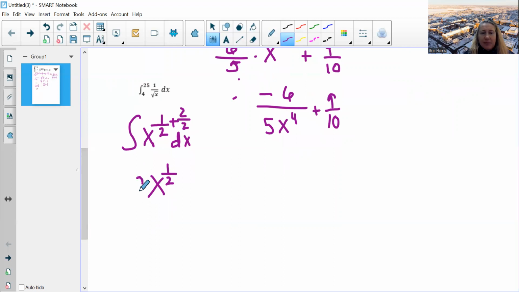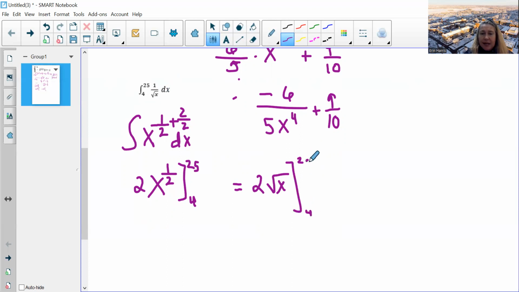So multiply this by 2. And I gave you a definite integral this time. And so this should make sense to you because this is 2 radical x. We know the derivative of radical x is 1 over 2 radical x. Okay, so having a 2 here is why we have no 2 here, right? But the derivative of this gets me back to here. And then just plug in.